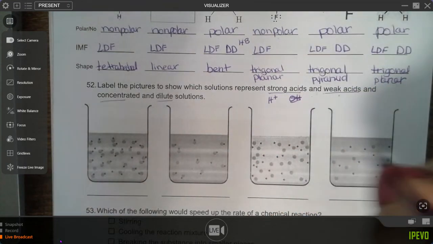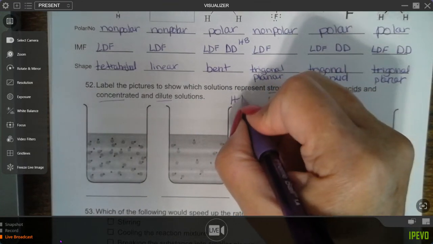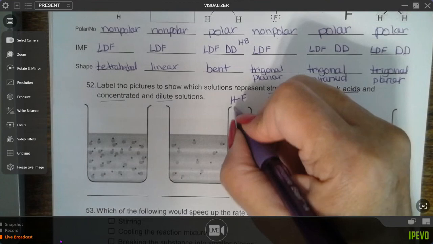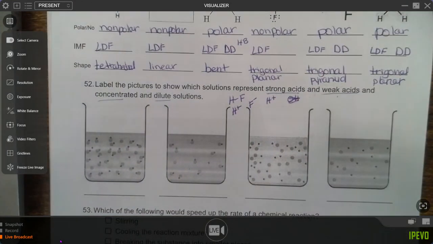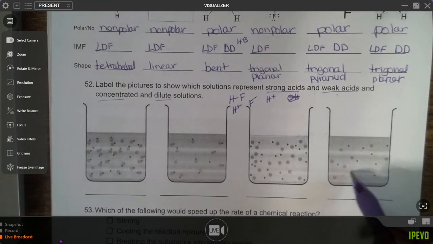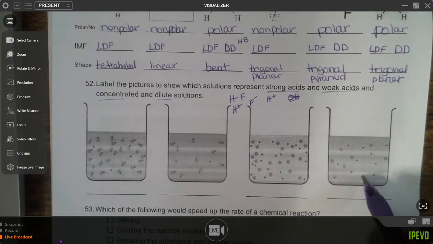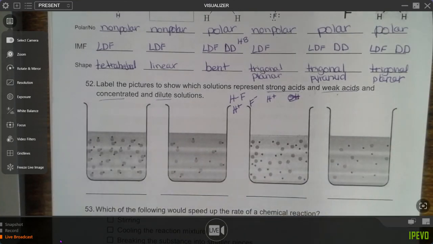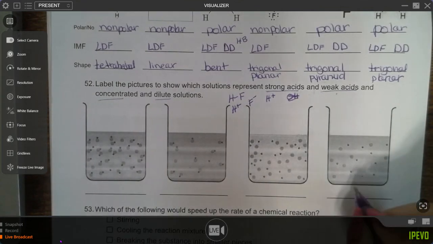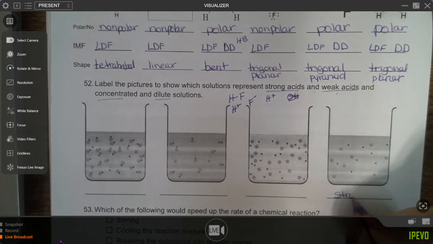Like if we had HF, it would break apart into hydrogen and fluorine, so we would have it all broken down. If you look, this shows that all of the pieces are separated from each other. They're all ionized and dissolved. So this is a strong acid.